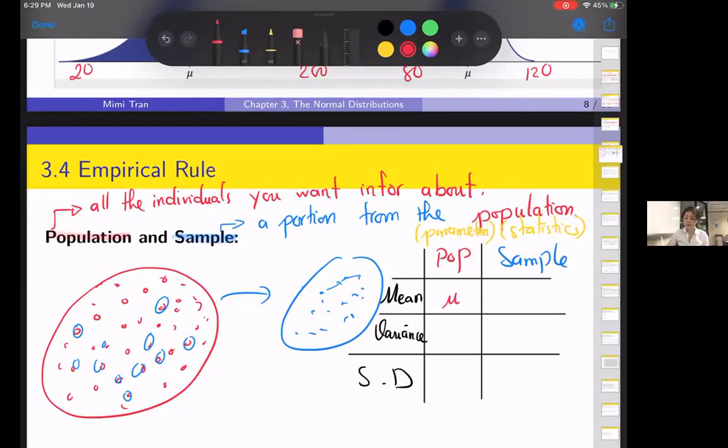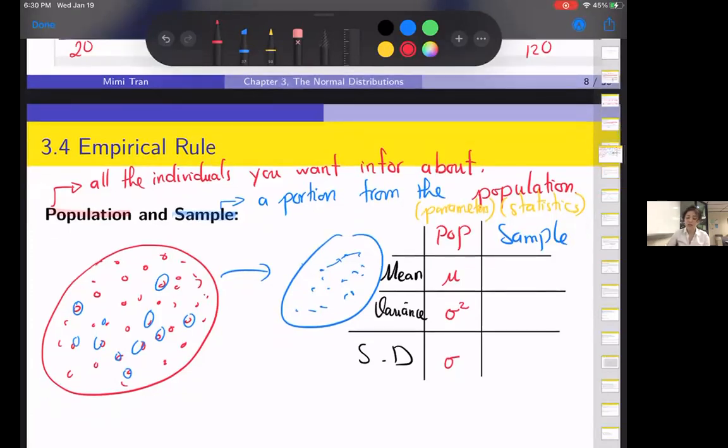Population standard deviation is sigma. So variance will be what? If standard deviation is sigma, then variance is just the square of sigma, sigma squared.